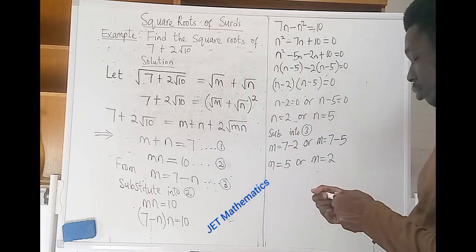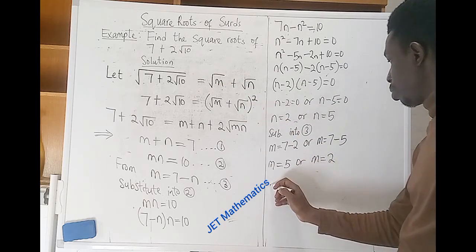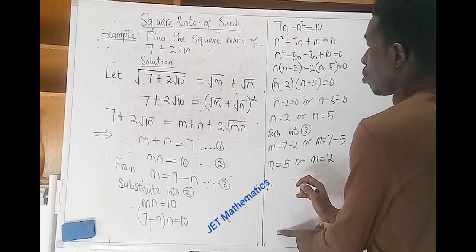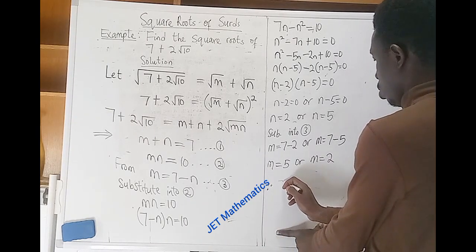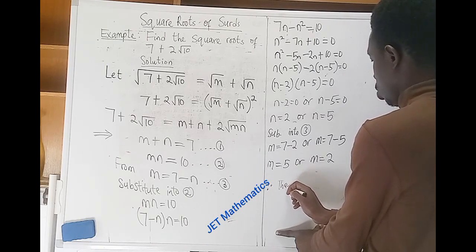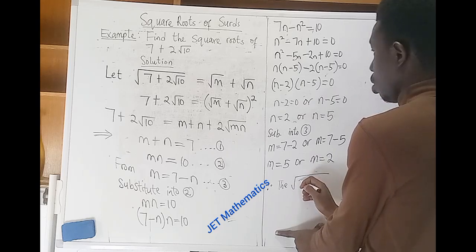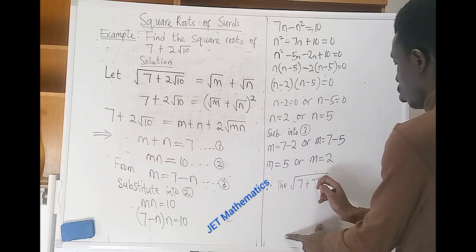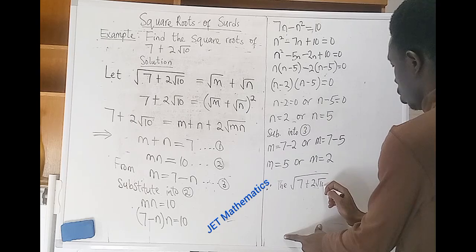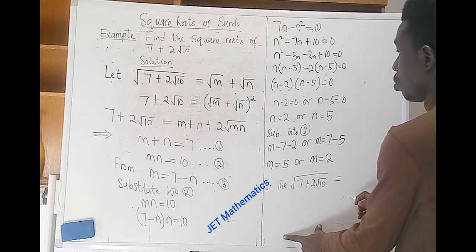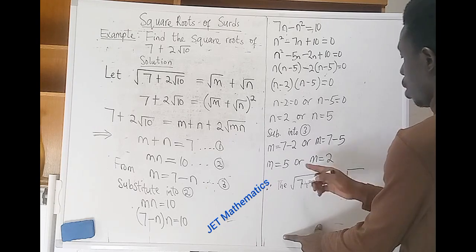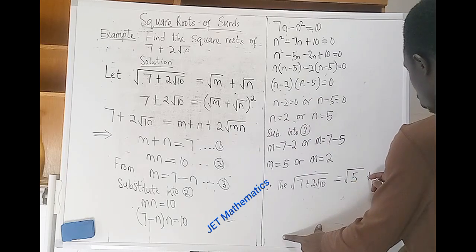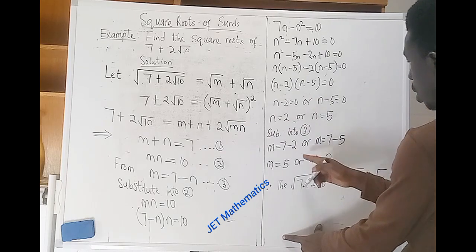So we can say therefore the square root of 7 plus 2 root 10 is equal to root m, which is 5, plus root n.